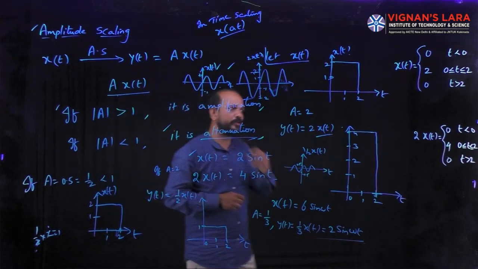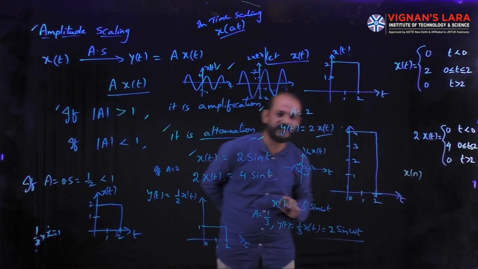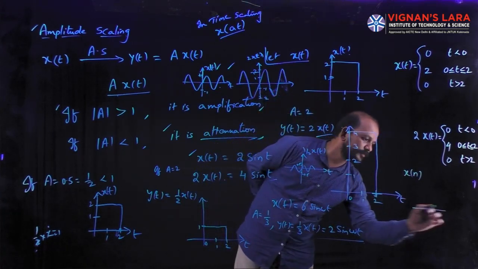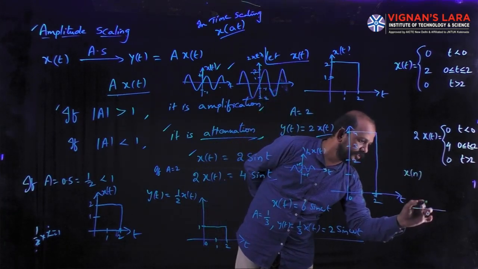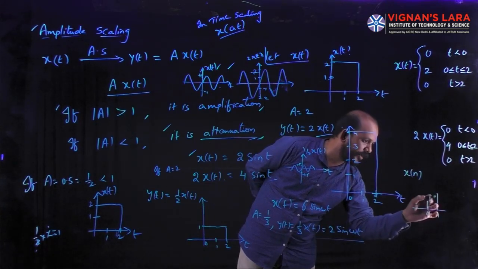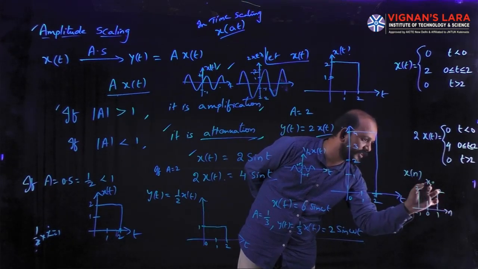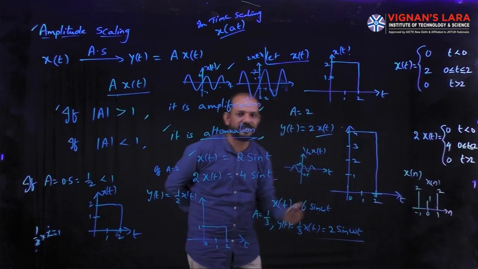That is, you have to consider a signal as x of n. Like this. At 0, the value is 1. At 1, the value is 2. At minus 1 also the value is 2. That is n, and this is x of n. So consider a signal like this.